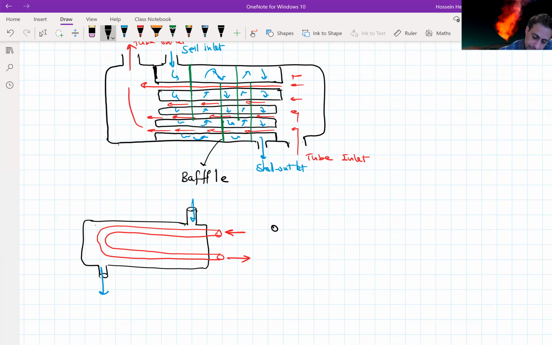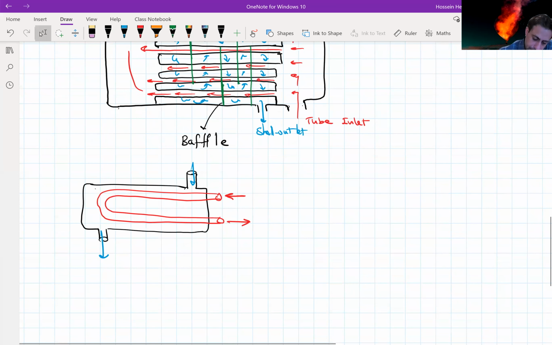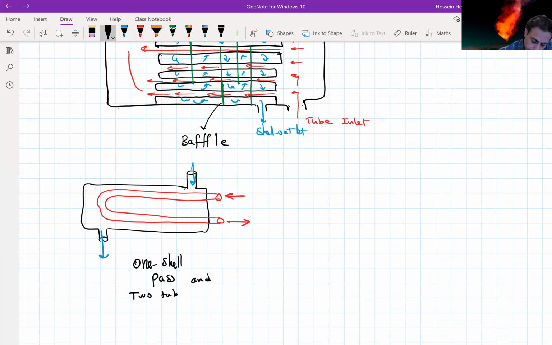There is one shell and two tube passes. That's one type. We could have multiple of them.